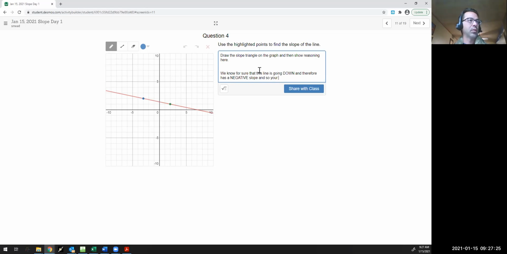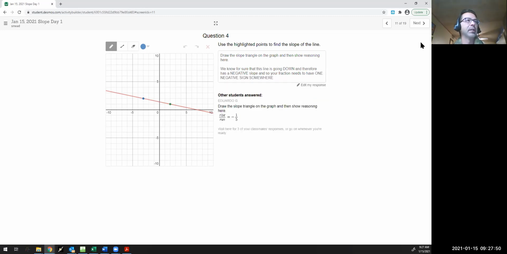So the fraction needs to have one negative sign somewhere. It could be top, it could be bottom, it could be right in the middle, but it has to have one negative sign, okay?